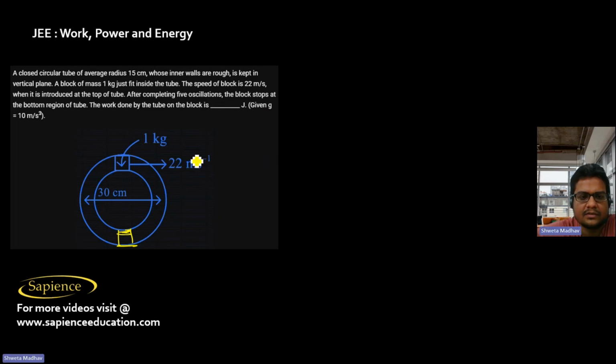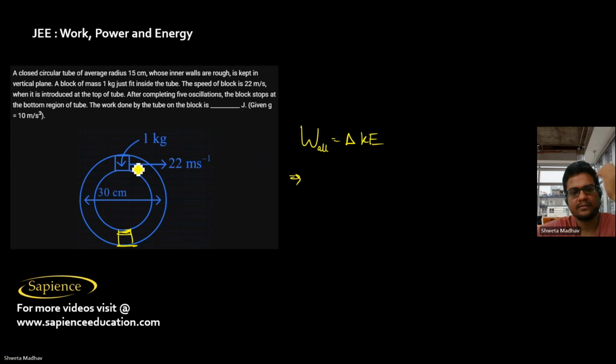So here, as you can see, the work done by all forces equals the change in kinetic energy. Here the block will stop after completing 5 oscillations, so v equals 0.